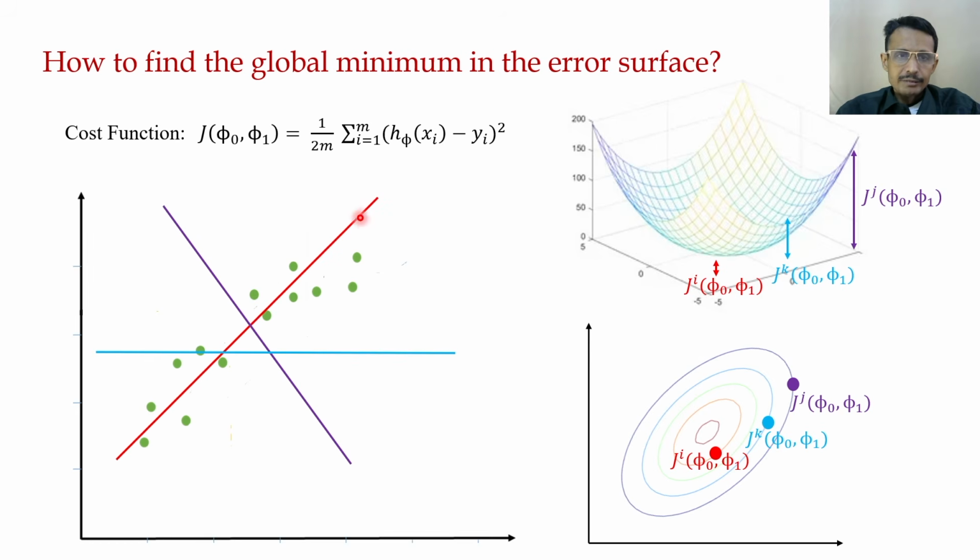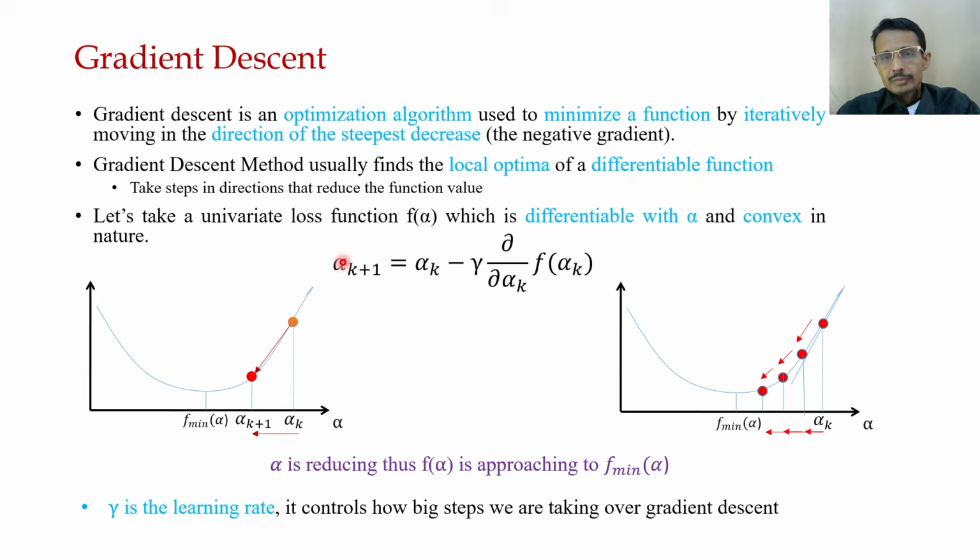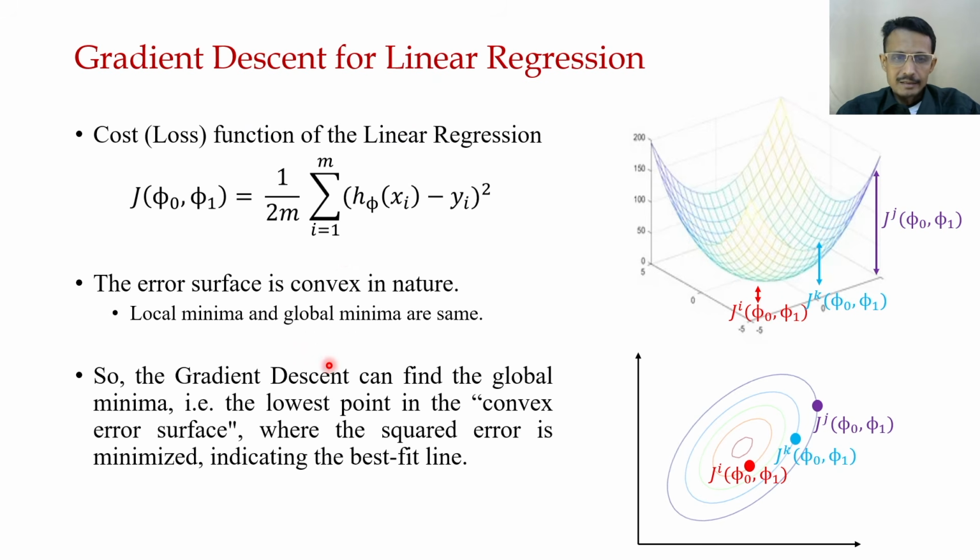If this error is minimized, we get a line corresponding to this phi 0, phi 1 that most well represents the data points. That is actually what we want.